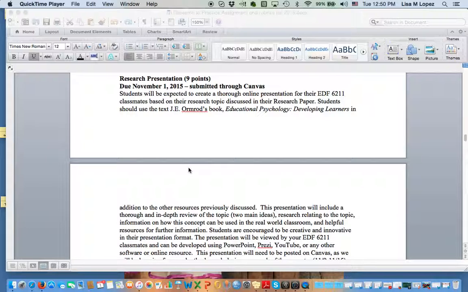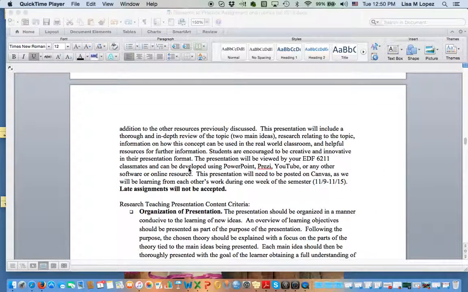But the main premise is that you are going to be presenting this information to your 6211 classmates, so it should be information that's stemming from your research paper, but you want to tweak it so that it's in a research presentation format.